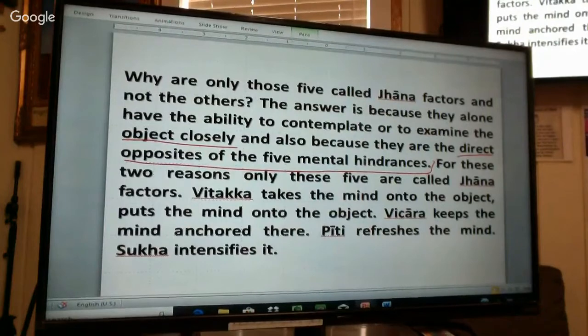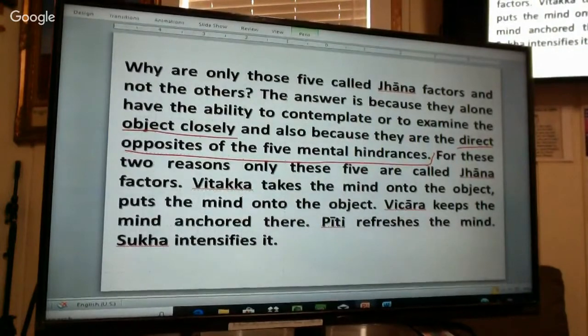Okay. So Vitaka takes the mind into the object, puts the mind into the object. Vichara keeps the mind anchored there, not to move. Piti refreshes the mind, and Sukha intensifies the mind.